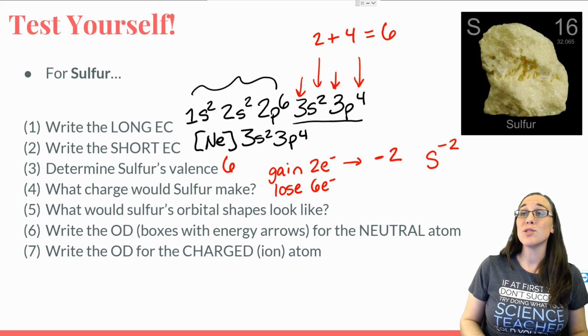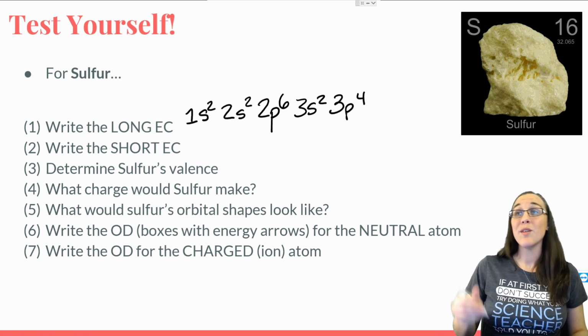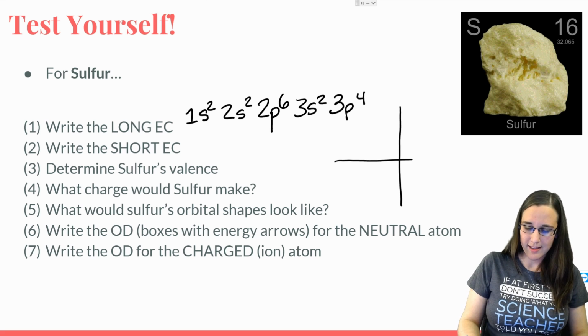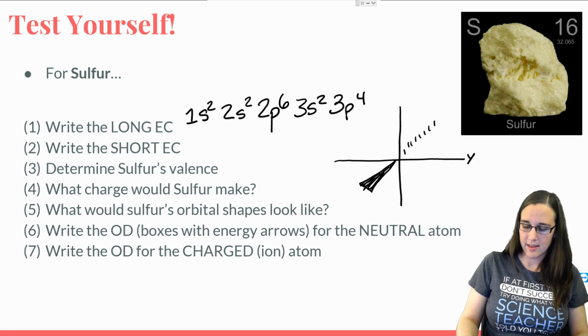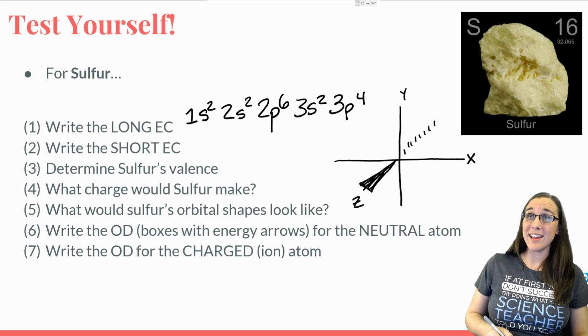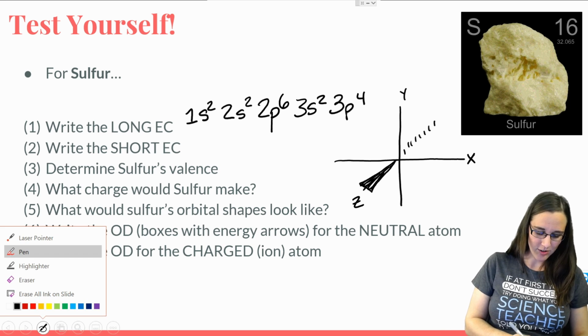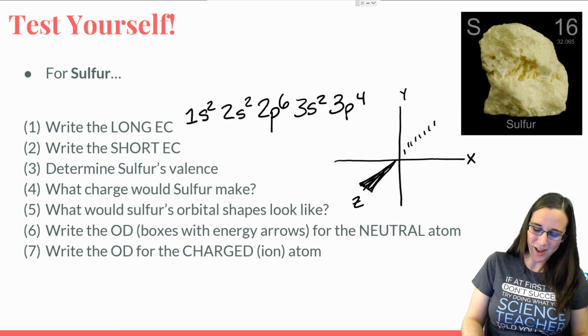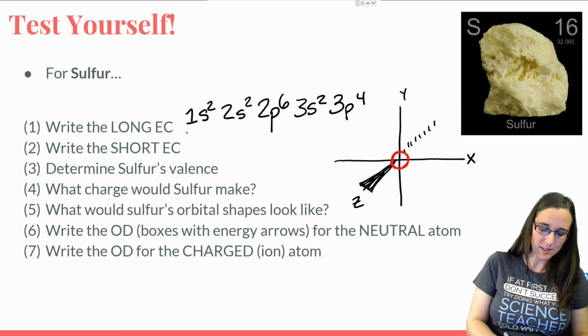What would sulfur's orbital shapes look like? For orbital shapes, we need to draw an X, Y, and Z axis. Now we're going to take our electron configuration and translate that into one big mess. We have 1s, that's a small sphere.